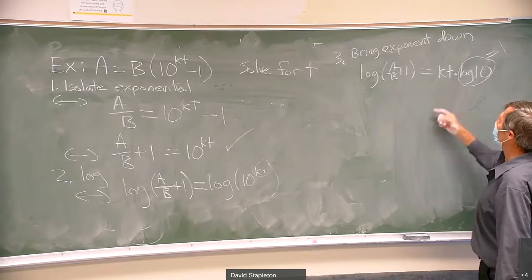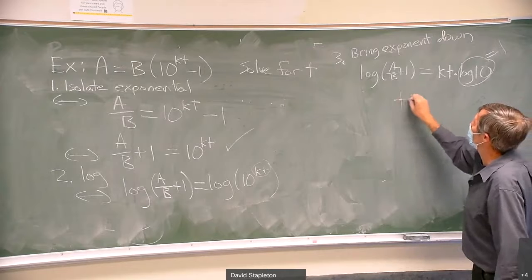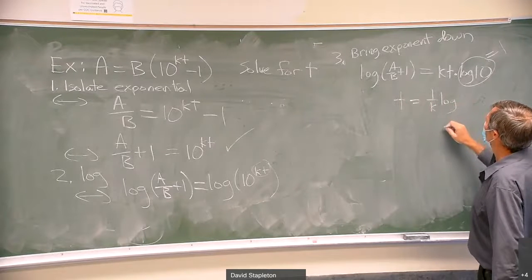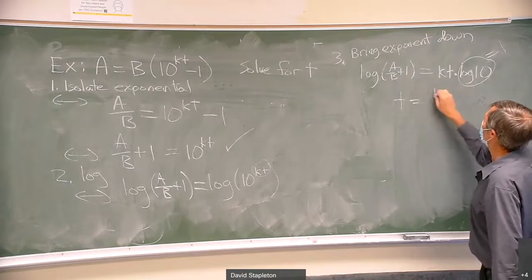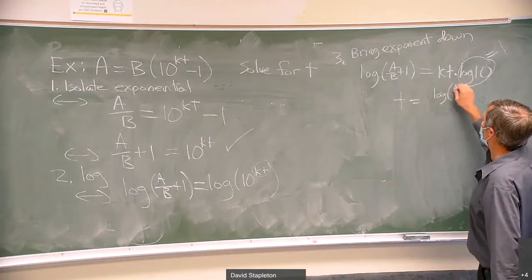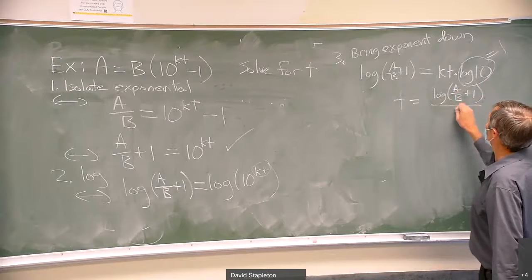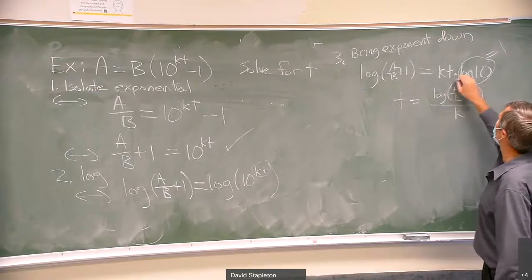Now we'll divide by k and switch sides and we've got T equals 1 over k log, in fact, let's write it this way, log of A over B plus 1, over k. I think this is the way the answer was expressed. So let's just divide both sides by k, getting rid of the 1.